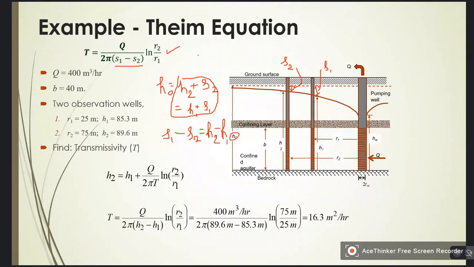So if you rewrite this equation, take this S1 minus S2 this side. S1 minus S2, which is equal to H2 minus H1, is equal to Q divided by 2 pi T.